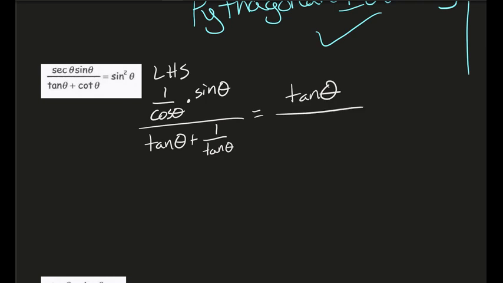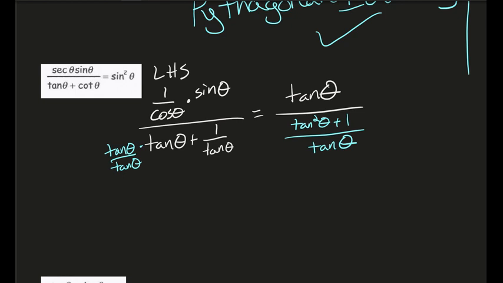And then our denominator, what we want to do is get a common denominator so that we can combine these. Okay, so we'll have a tangent squared theta plus 1 divided by tangent of theta.